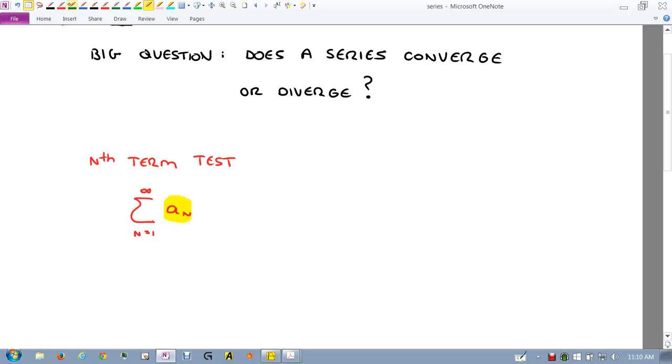Take the limit as n goes to infinity of just the sequence, all right? Just the sequence. If that limit does not go to 0, what's the conclusion? It diverges. What diverges? The series diverges, all right? The series diverges.